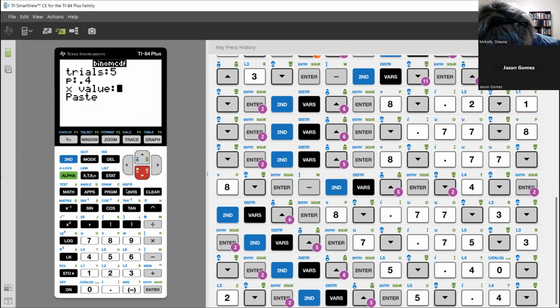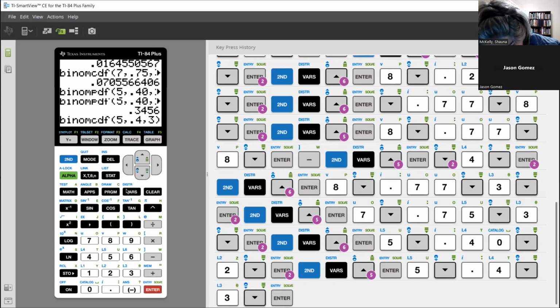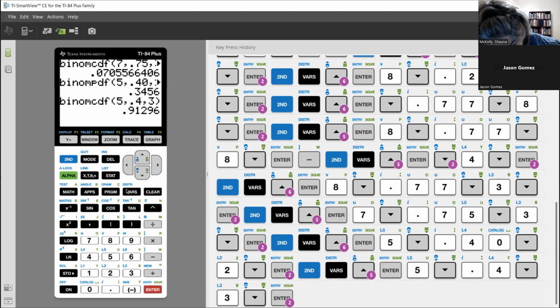And we're going to paste it in. 0.91296. So if you rounded to 4, that would be 0.9130, right?